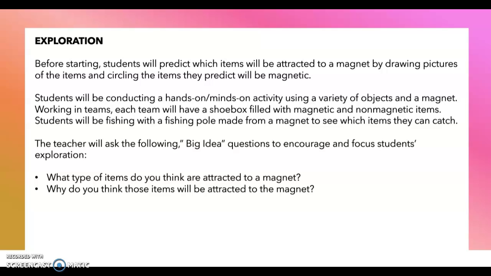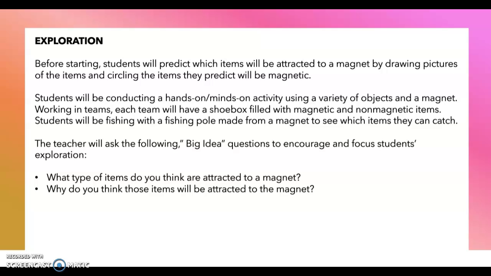For exploration, students will start by predicting which items will be attracted to the magnet. They will draw pictures of those items, and then they will circle the items that they predict will be magnetic. Next, they'll be conducting a hands-on activity using the objects and a magnet.